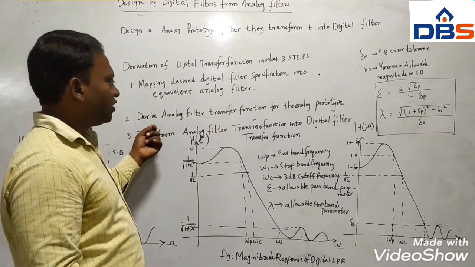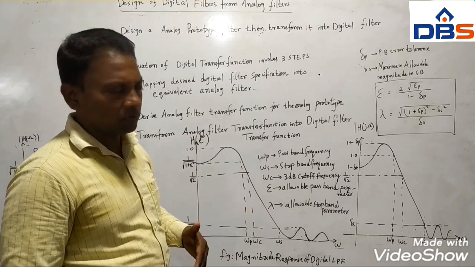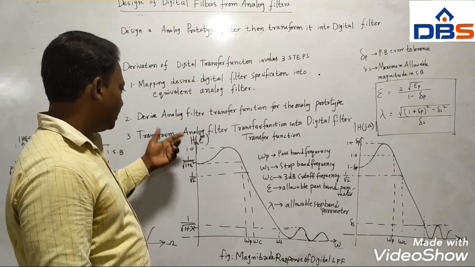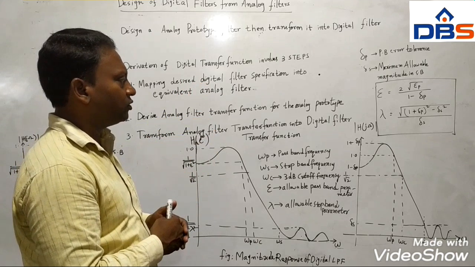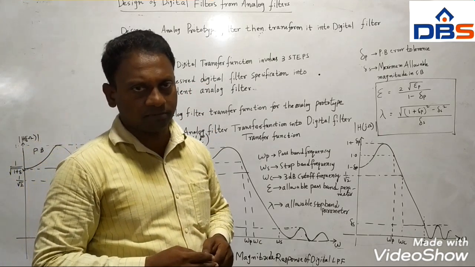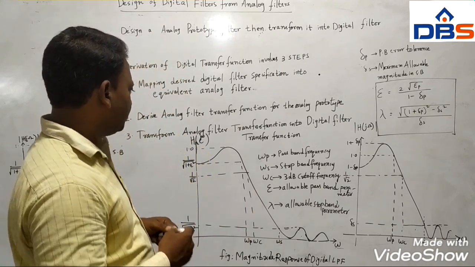Second, derive the analog filter transfer function for the analog prototype. First we have to find the analog filter transfer function. After doing this, as a final step, transform the analog filter transfer function into the digital filter transfer function using some transform techniques. The transform techniques we will see later whenever we come across the design.